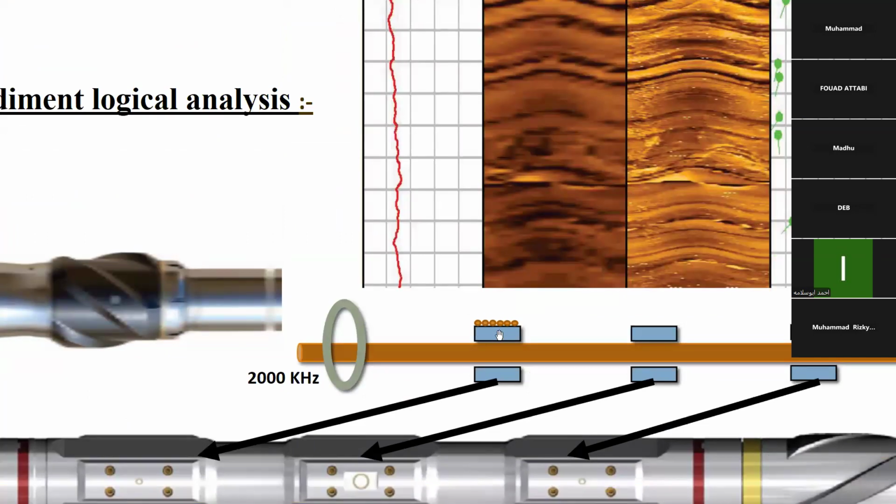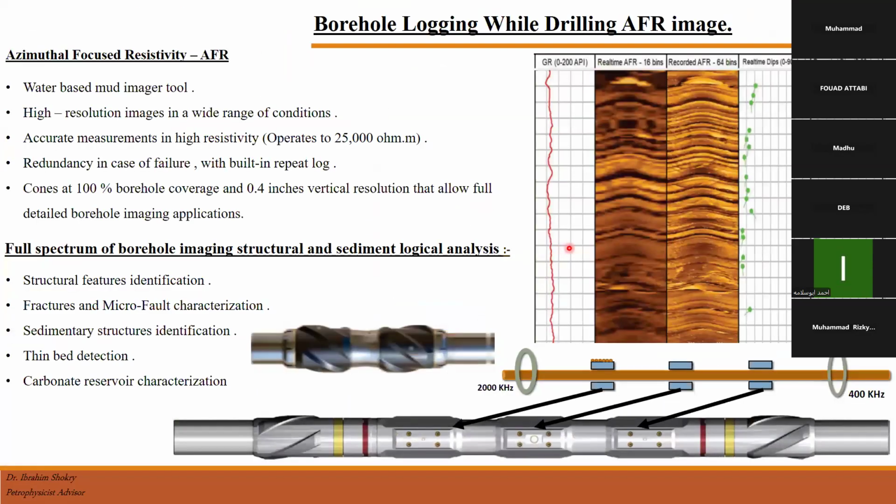So this sensor can acquire 180 values per 1 foot over the 360 degrees. Can you imagine that you have 180 data values per 1 foot in a 360 hole.